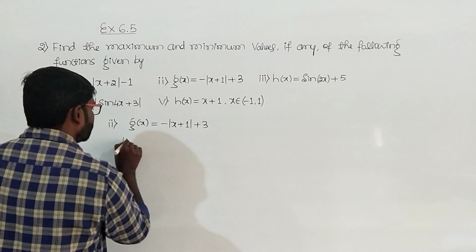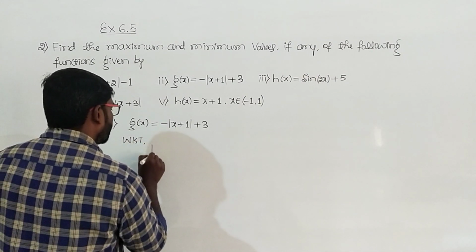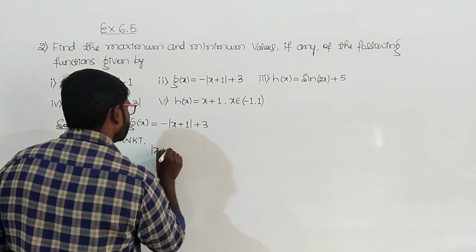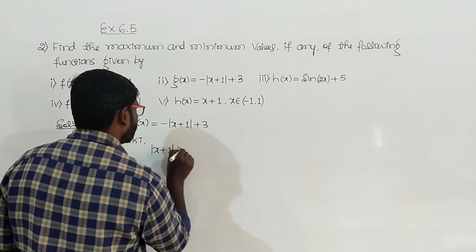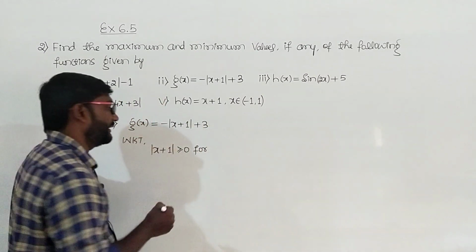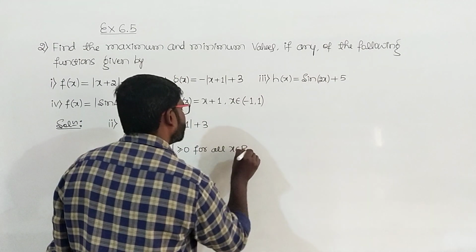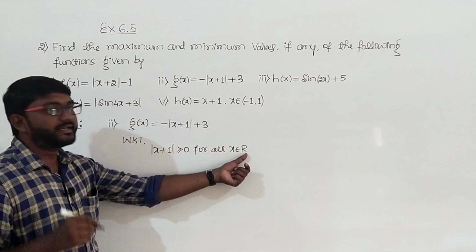We know that mod x plus 1 is greater than or equal to 0 for all x belongs to R, R means the real numbers.